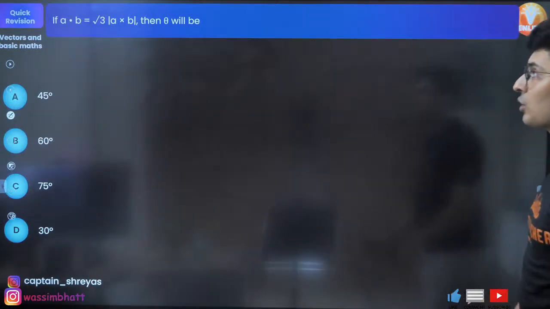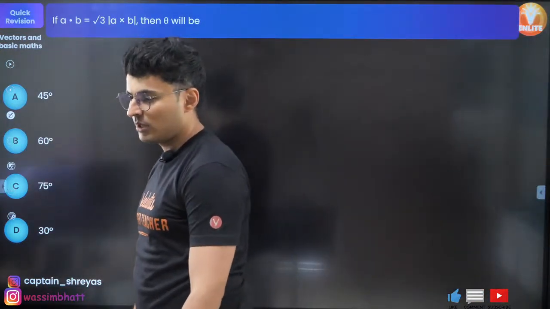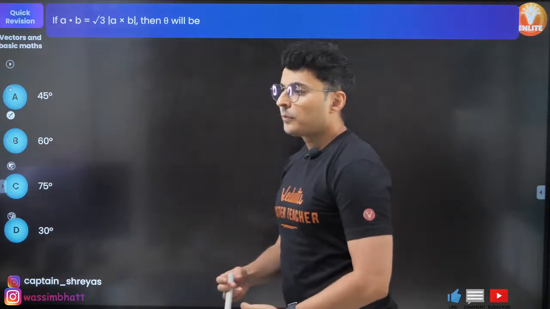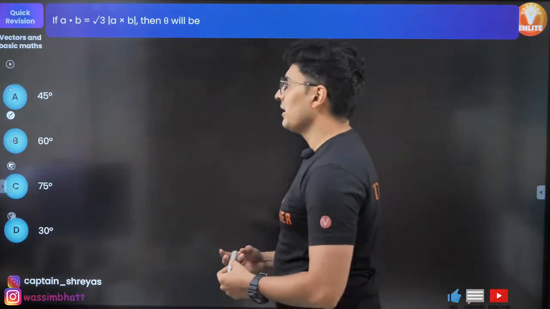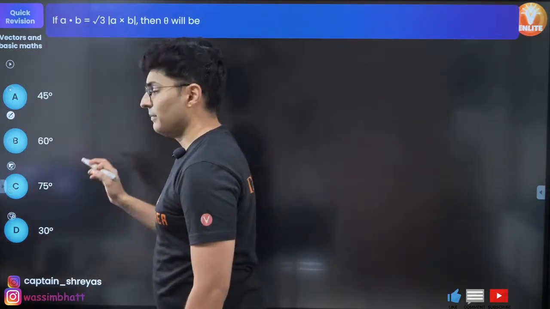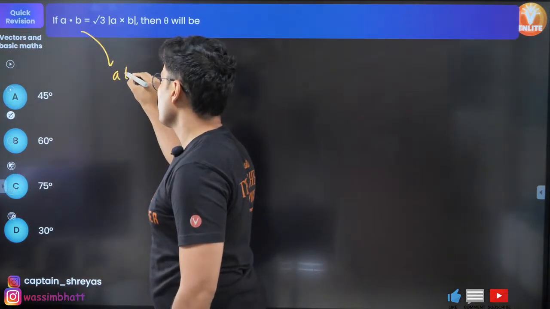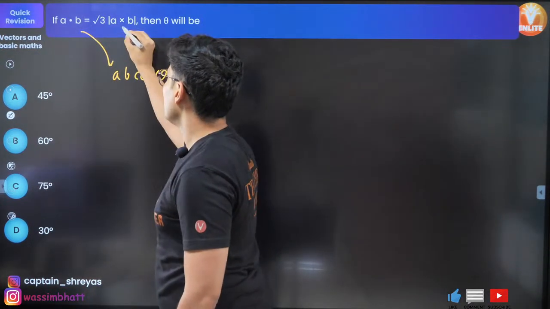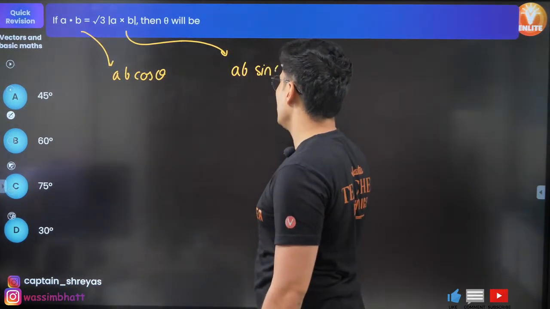If a dot b is equal to root 3 times a cross b, then what is the angle between them? A dot b is equal to root 3 times a cross b's magnitude. What is the angle between them? Now, a dot b means a b cos theta. A cross b means a b sin theta, magnitude wise.